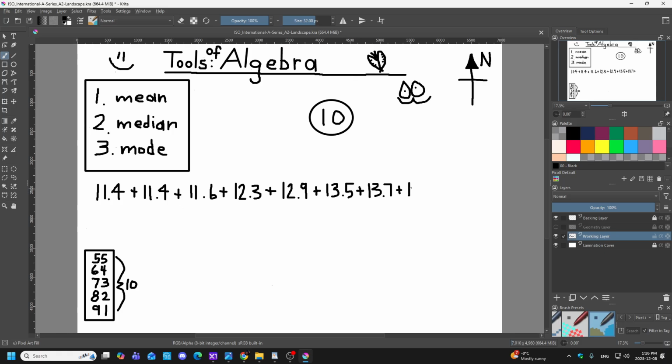We're so close. 16 even, I'm just going to write 16. And plus 17.6. We just made it, boys and girls.